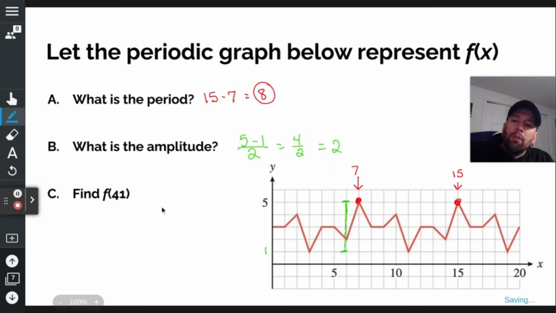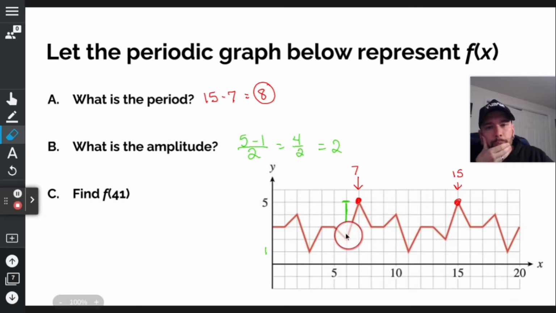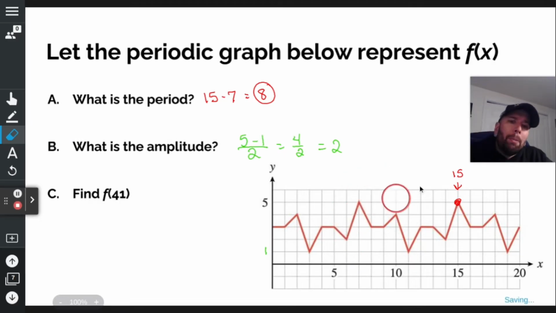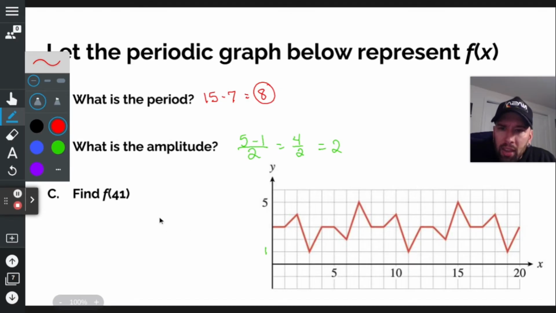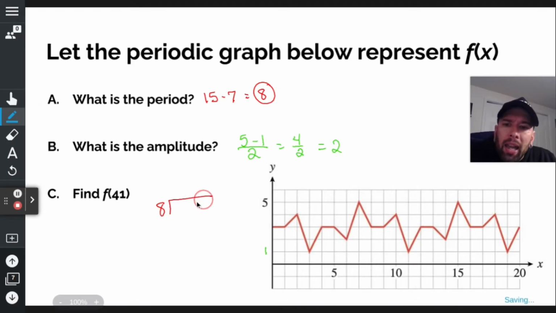Now we need to plug in 41. Well, I don't have 41, but this is what I know. I know my period is 8. So whatever happens at 1 can be found by doing 41 divided by 8. That goes into it 5 times, that's 40. Remainder of 1.